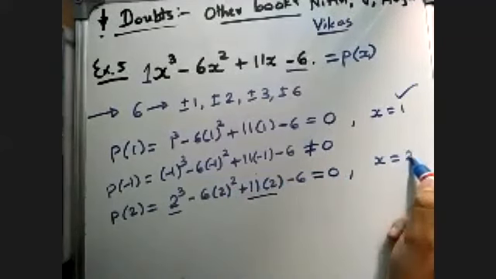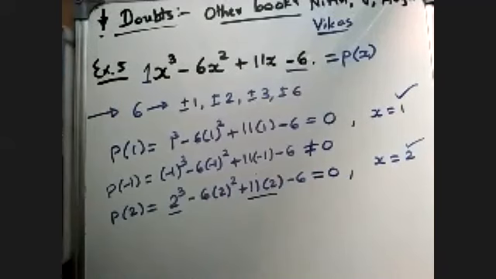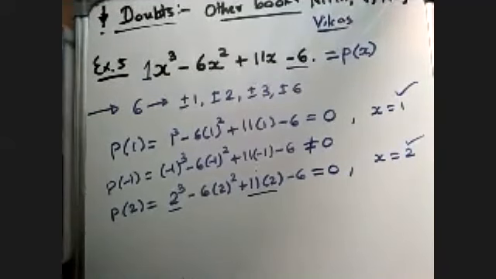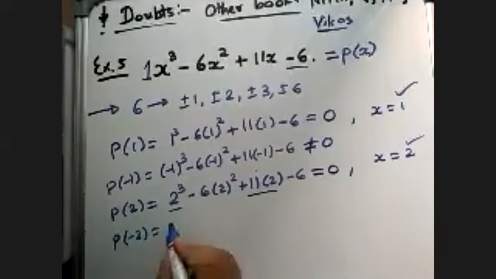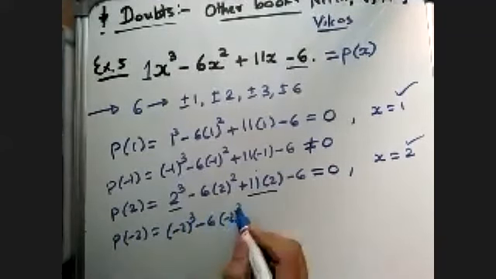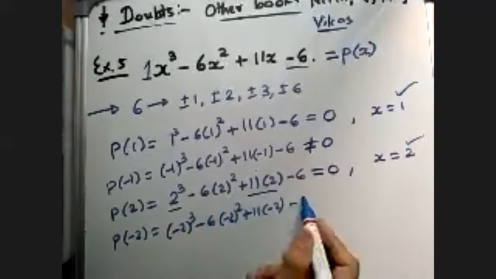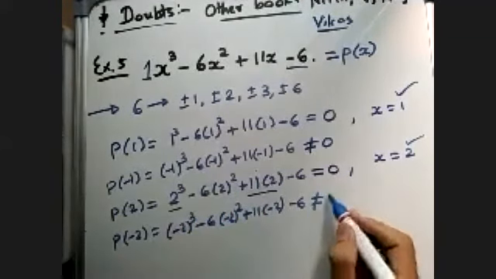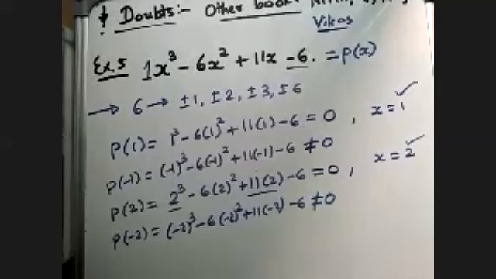So x is equal to 2 is another root of the polynomial. If p of 2 is a root, then there are high chances that minus 2 will not be its root. So minus 2 cube minus 6 times minus 2 square plus 11 times minus 2 minus 6 will definitely be a negative number, which is not equal to 0.